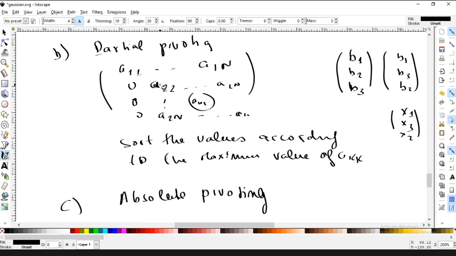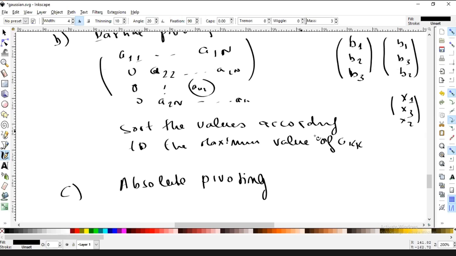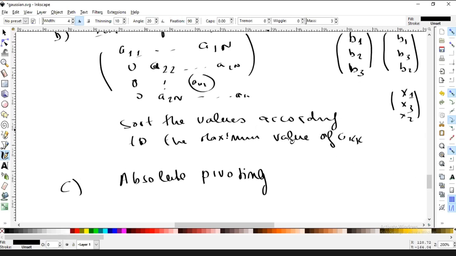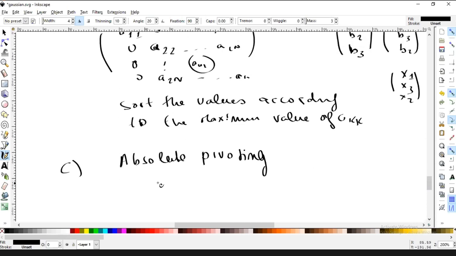But this means that you apply some operation to the matrix, and at the end, when you get the result, you need to apply the same operation to the vector X. So this is a little bit more complicated.